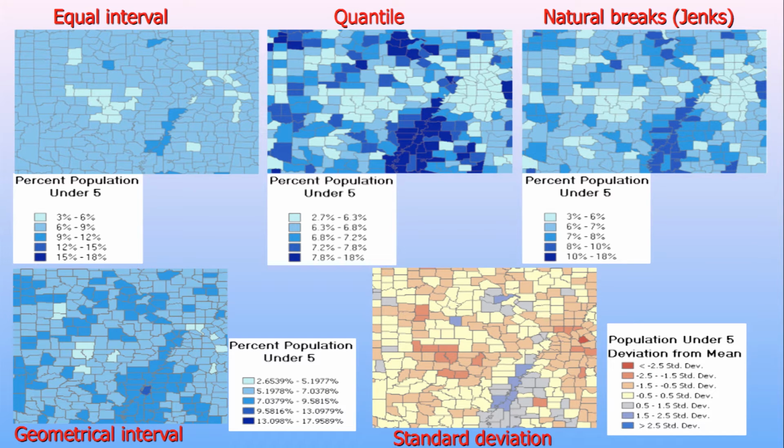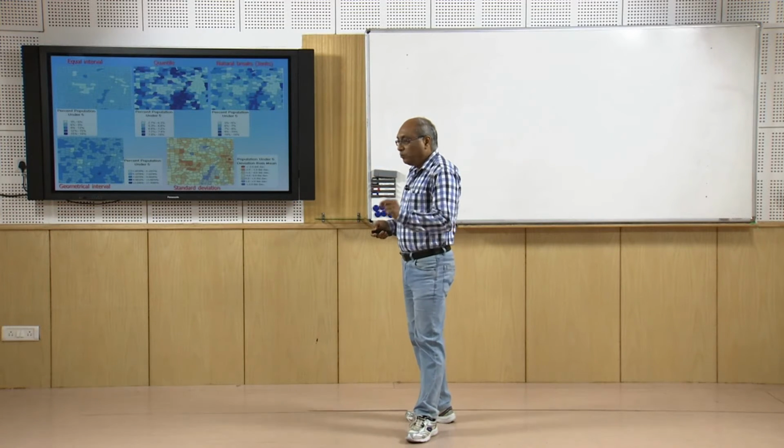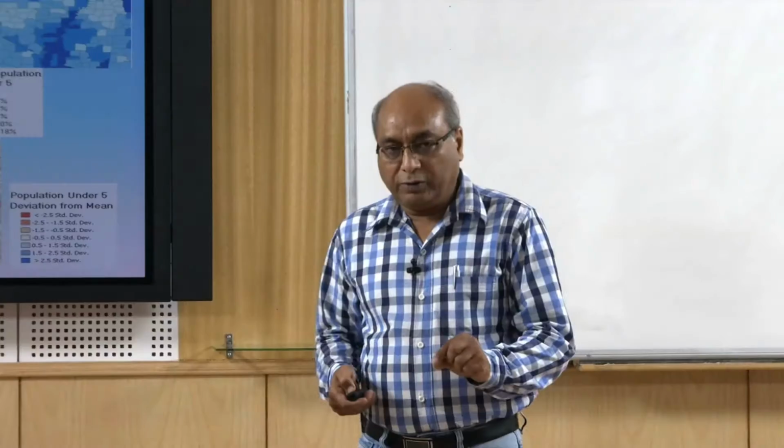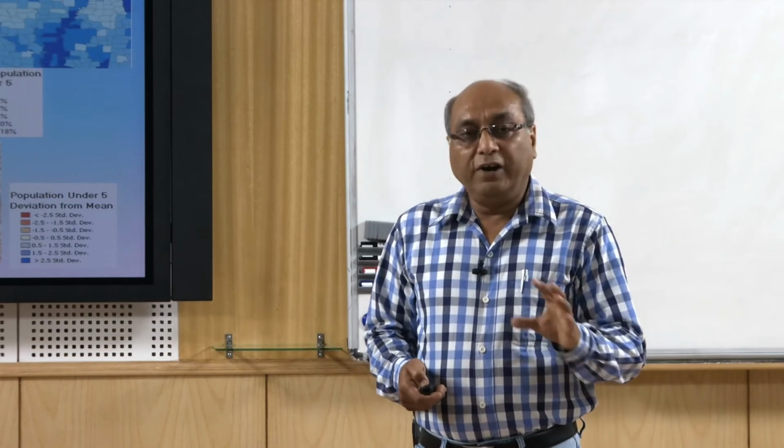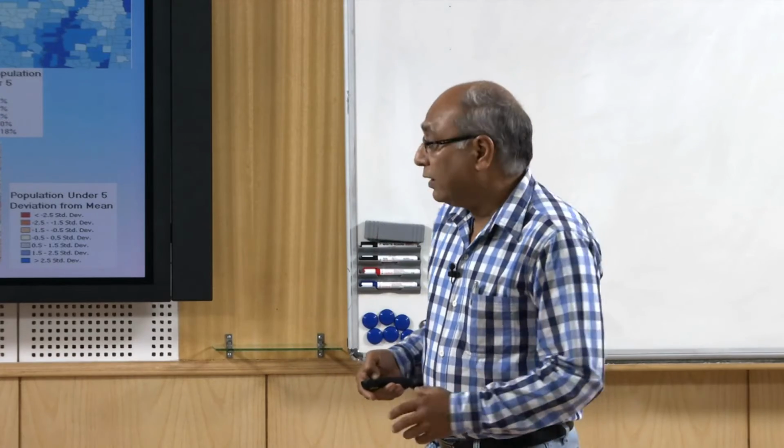In geometrical interval, the technique discussed has been used. In standard deviation, in the middle the center point is 0, with minus and plus values in different classes. So the input polygon map is the same, but different techniques will produce different results though the number of classes might be the same. This one has to remember.